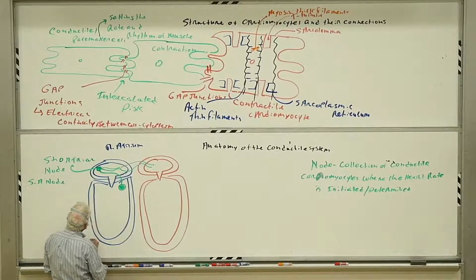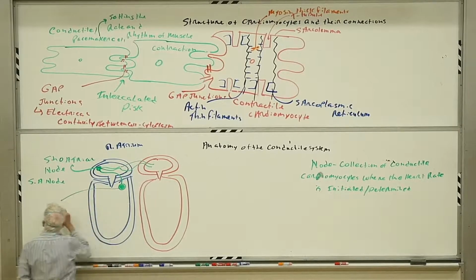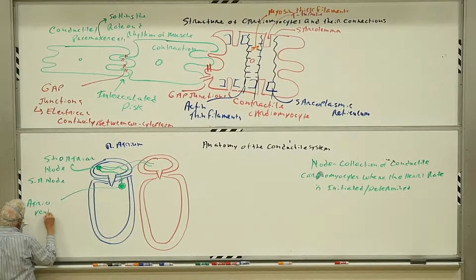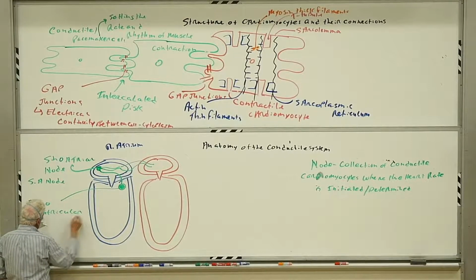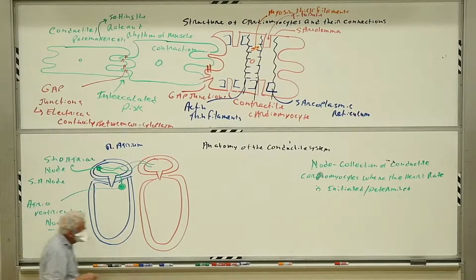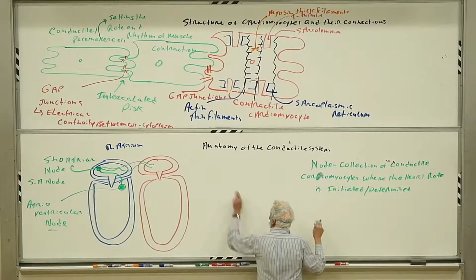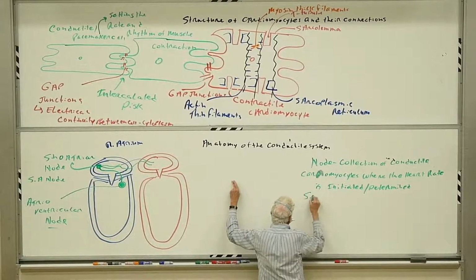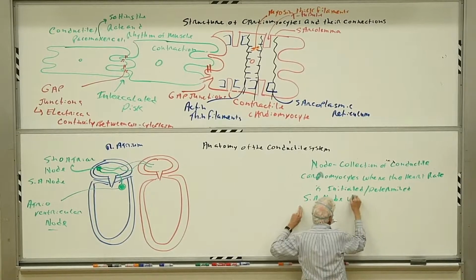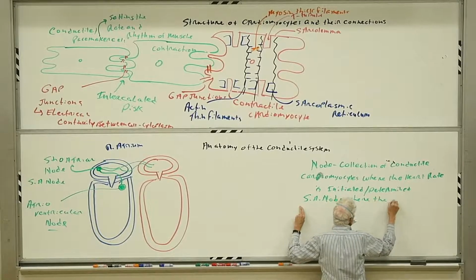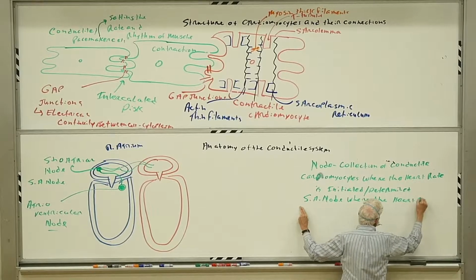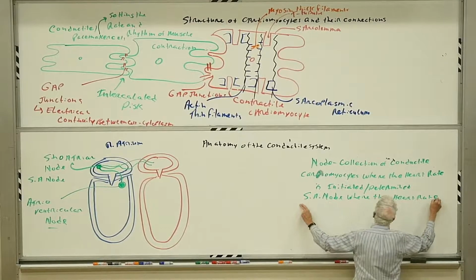And so the next way station is here at this site, known as the atrioventricular node. Again, this is a collection of neuronal cell bodies. We initially talked about the SA node, and it's the SA node where the heart rate is determined.